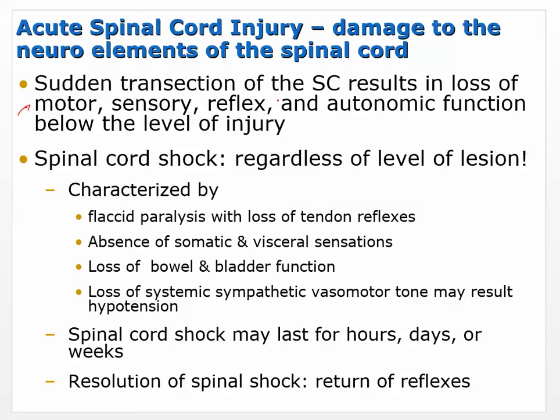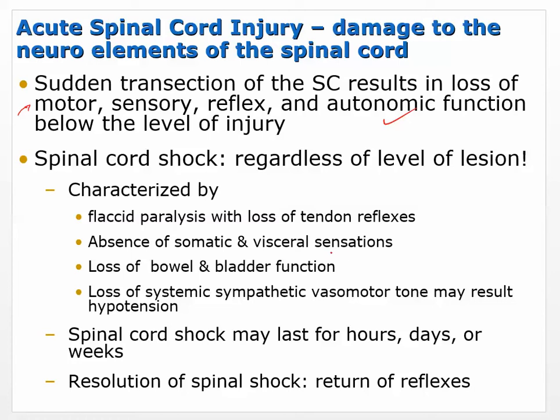So when you damage completely, especially if you damage the spinal cord, which doesn't always happen, then you can have the loss of motor, sensory, reflex, autonomic, which means your parasympathetic, sympathetic, and we'll get more into the details of that. Spinal cord shock. So regardless of the level of the lesion, it's going to cause below that area flaccid paralysis with loss of tendon reflexes, absence of somatic and visceral sensations. Basically, you're not going to have sensation and you're not going to have control.